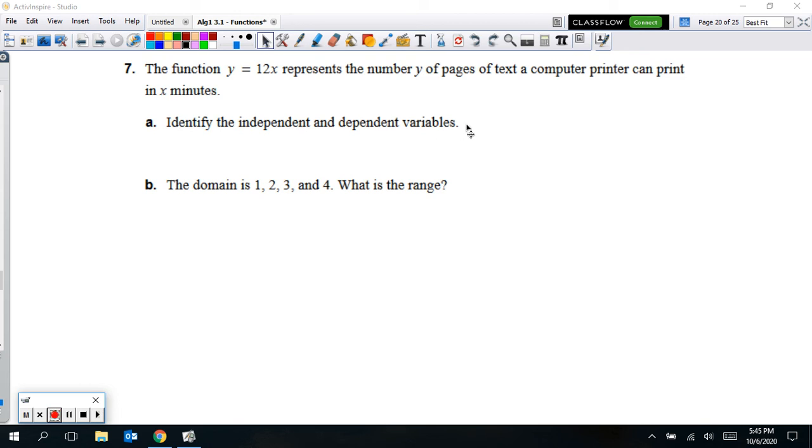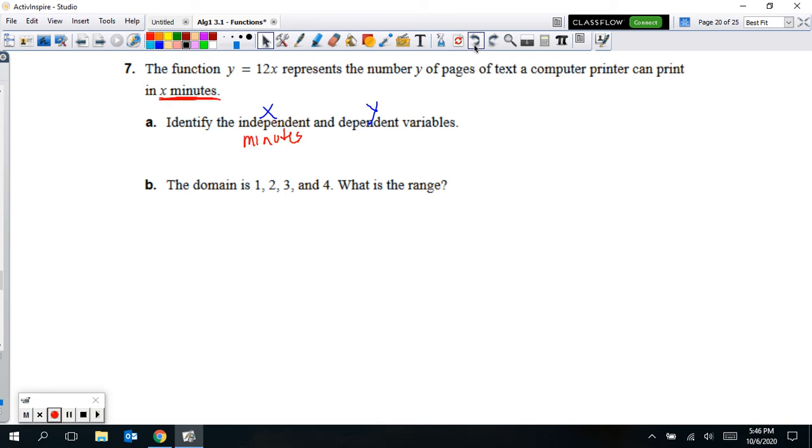That's typically when they're going to want us to identify independent and dependent variables: when we're given a situation of what x and y actually do represent. They have to tell us some information, like they're doing here. So the independent one is the x, the dependent one is the y. For x, you can see right here, x minutes.